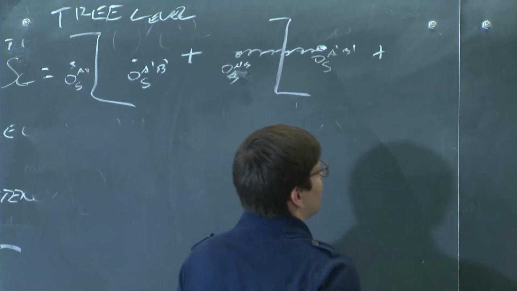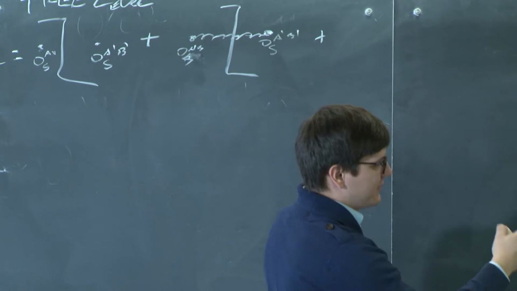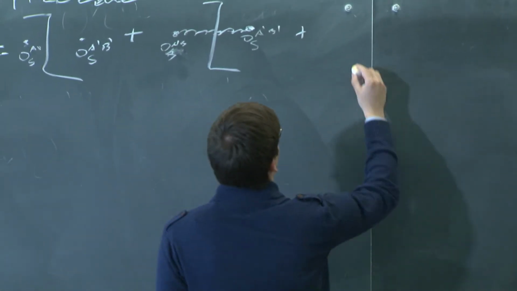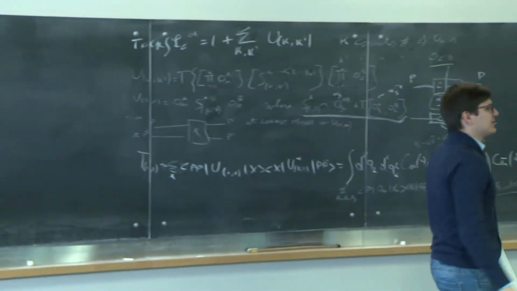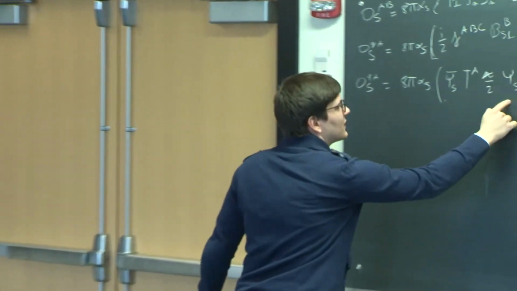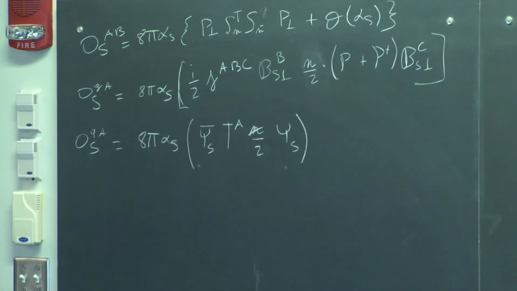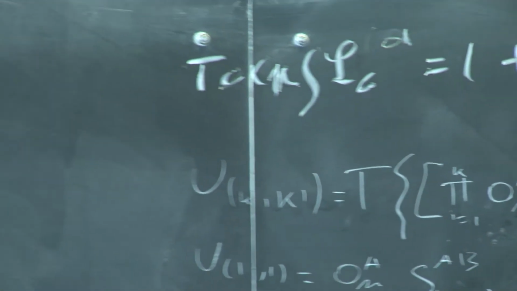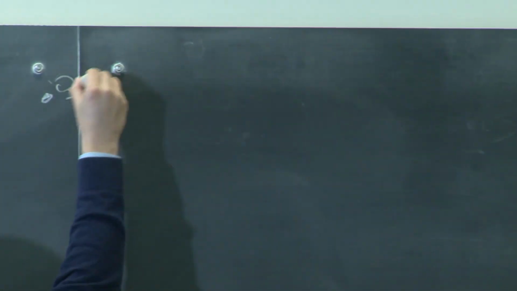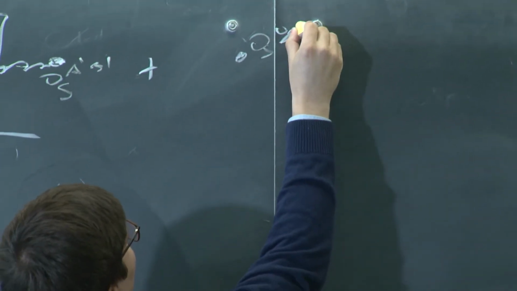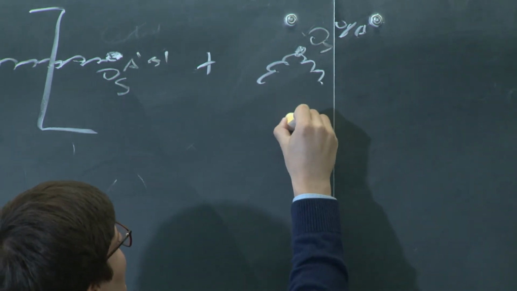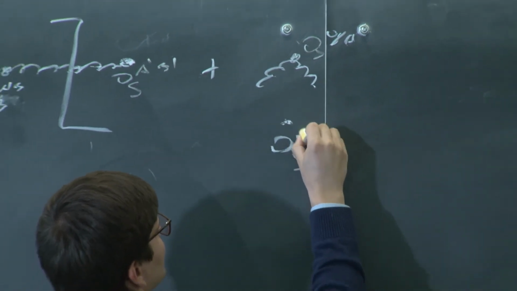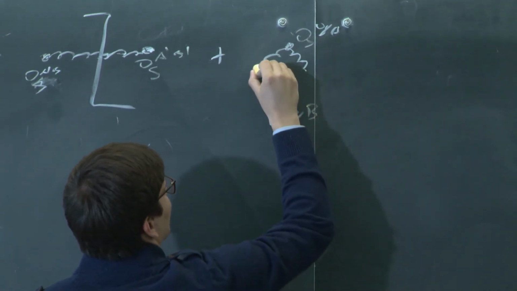But now I can also have, from the T product, virtual corrections. In particular, the OS, as I've written here, has both the two quark and the two gluon Feynman rule. So I can have, let me just write down the gluon one, OS AB with two soft gluons, the T product of the same operator on the other side.